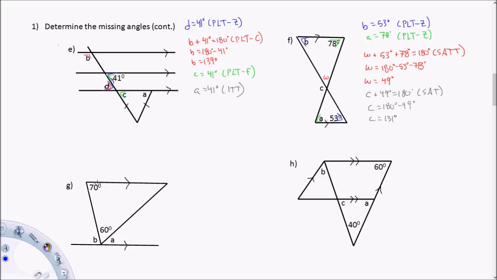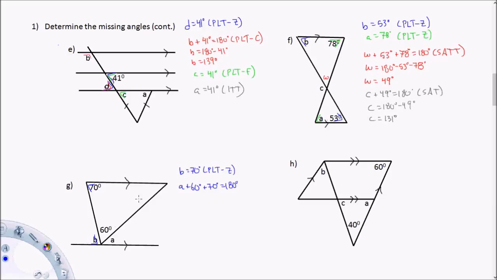G. So in G, we have a PLT-Z pattern right in here. So we know right away that B is equal to 70 degrees because of the parallel line theorem Z pattern. And we can also find A because A plus 60 plus B, which is 70, will equal 180 degrees because of the supplementary angle theorem.